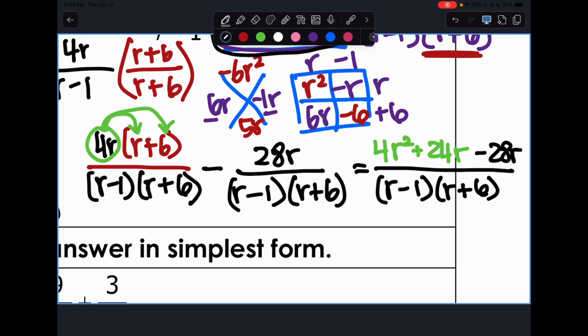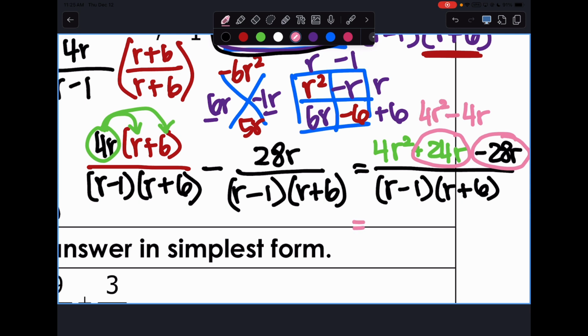Any like terms? You see it? 24r with negative 28r. If I combine those, what do I get? Negative 4r. Then I would have 4r squared minus 4r, right?